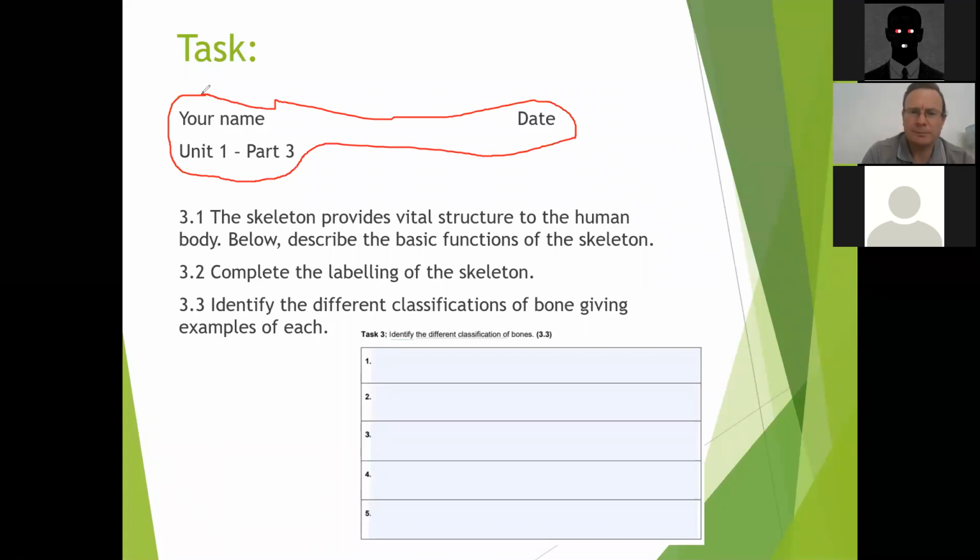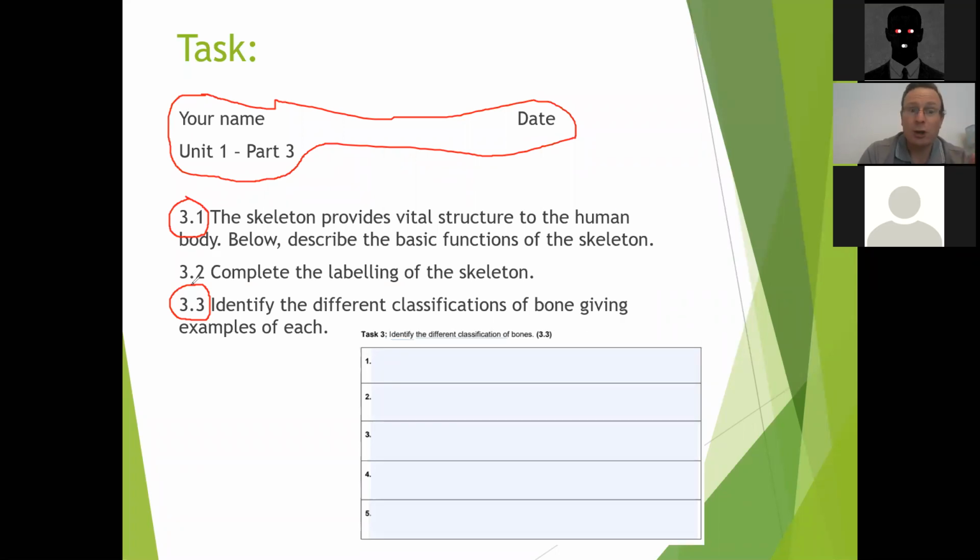Now, what I want you to do is complete 3.1 and 3.3. I'll try and go through the labeling with you in the next slide, just because some of the drawings are awful, and I want to show exactly what's connecting to where.